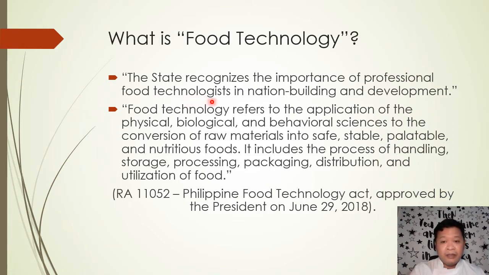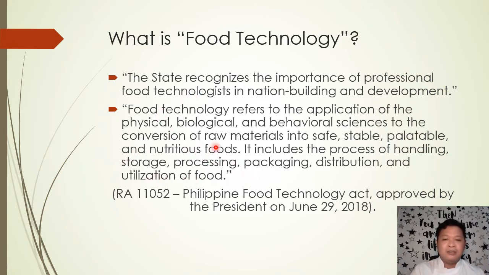So again, the definition stated in the RA is that food technology refers to the application of the physical, biological, and behavioral sciences to the conversion of raw materials into safe, palatable, stable, and nutritious foods. It includes the process of handling, storage, processing, packaging, distribution, and utilization of food.